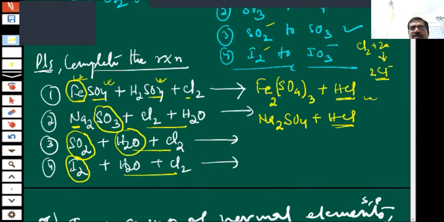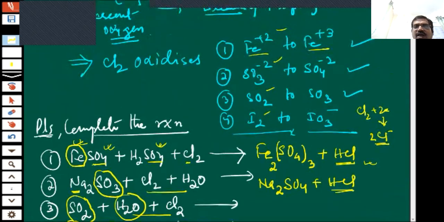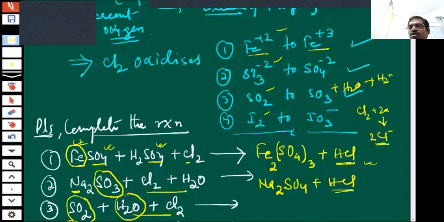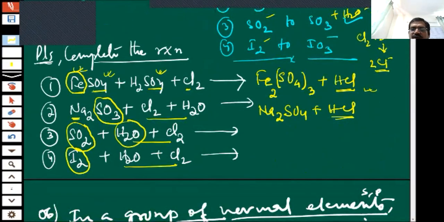You know that sulfur trioxide will react with water and form what? H2SO4, isn't it? So you can give the reaction. Sulfur trioxide formed, but it again reacted with water and formed H2SO4, plus HCl is also there.